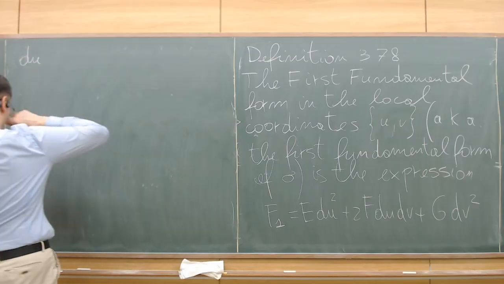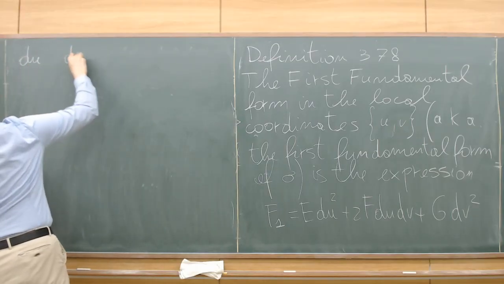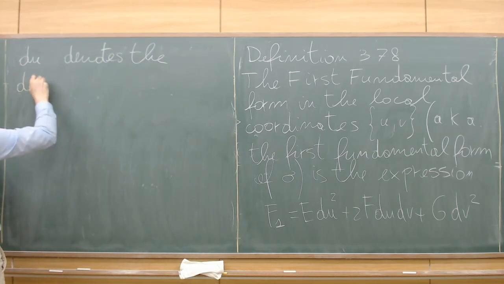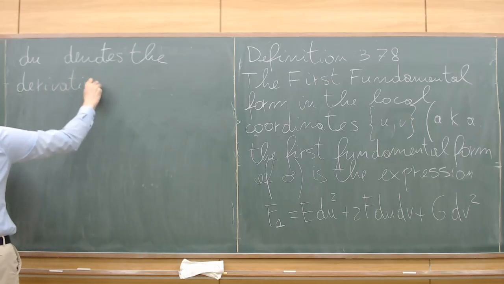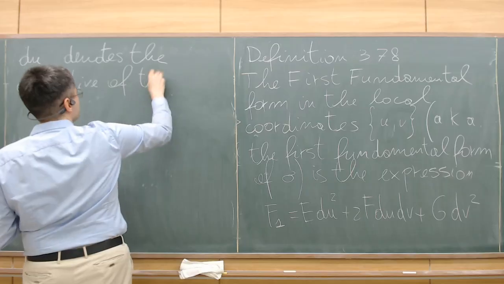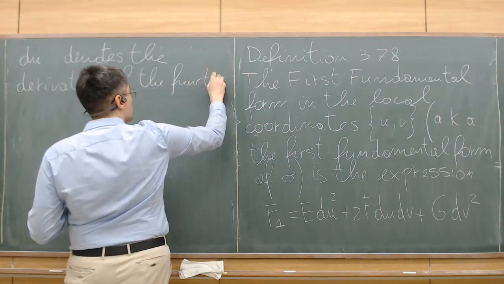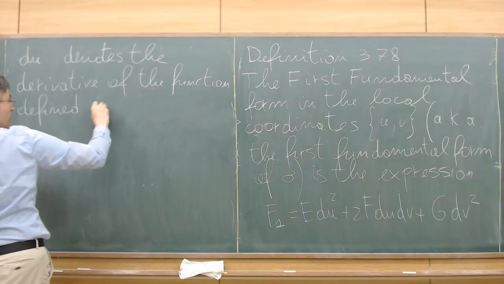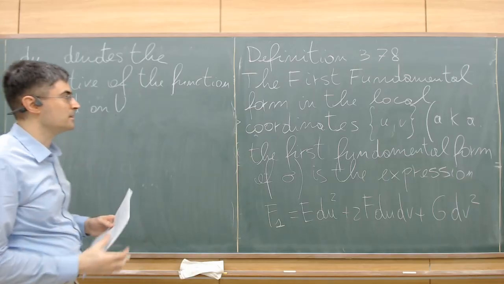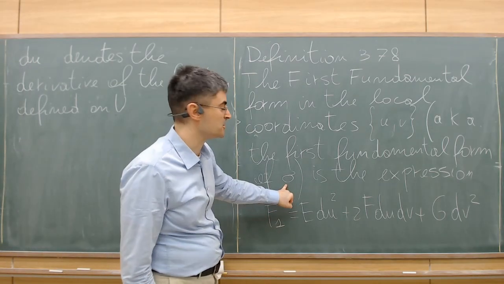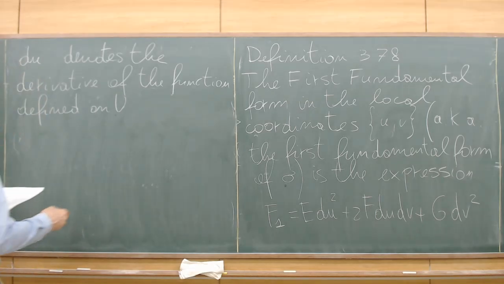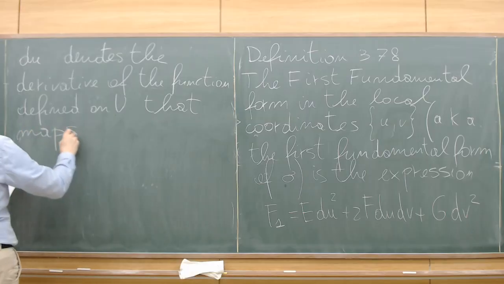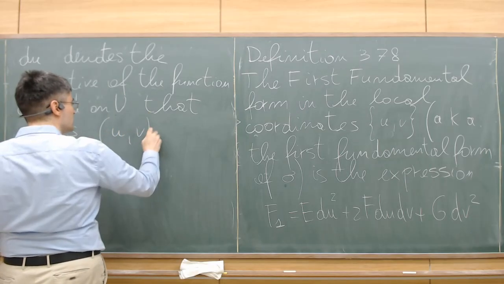Du denotes the derivative of the function defined on U. Remember that U is the open set on which is defined sigma, the surface patch we are using, that maps U into R3.